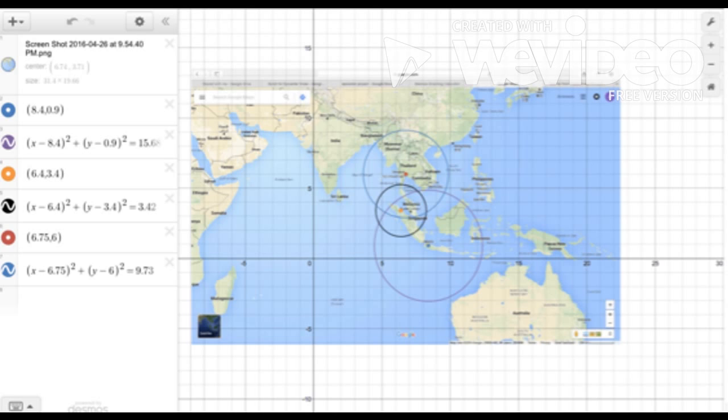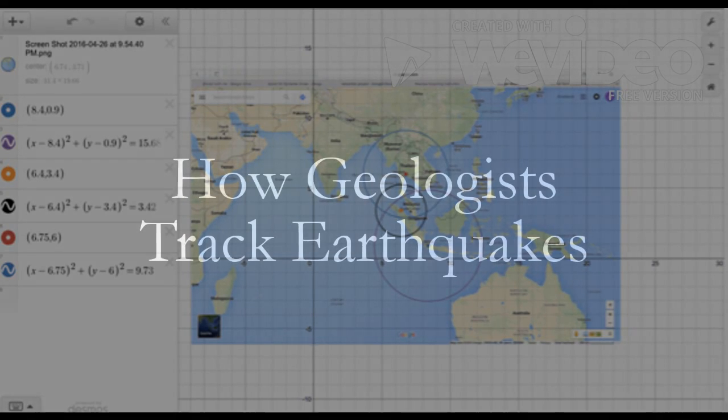The three R squares we got were 15.68, 3.42, and 9.73. So this shows you that although you can use different methods, you should get the same location of the epicenter if you have the correct data.